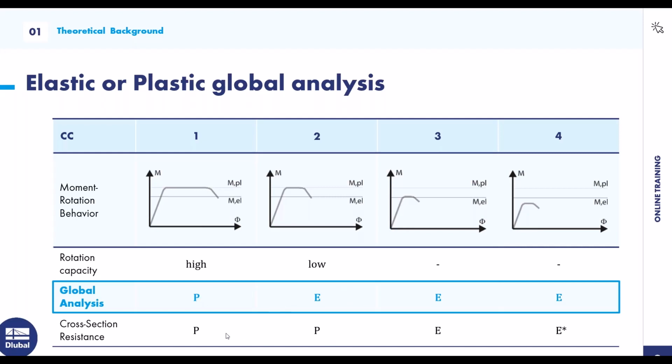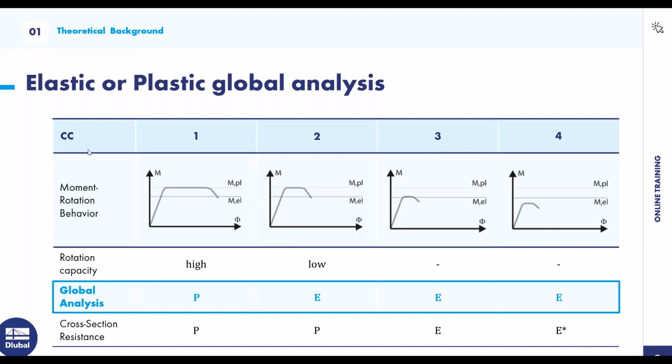And what's important is that the first 2 cross-section classes can be designed plastically with the cross-section resistance applied plastically, and for cross-section classes 3 and 4, the cross-sectional resistance can only be applied elastically.